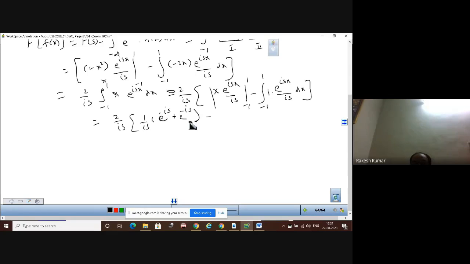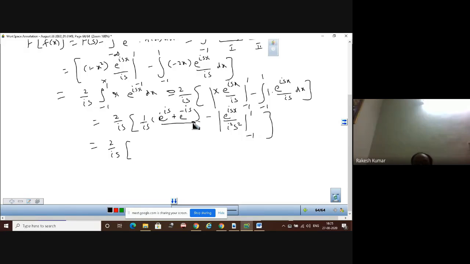Again you will integrate it, e raised to power iota s x over iota square s square. You can write it down like this. Now you can substitute the limits and adjust the terms.